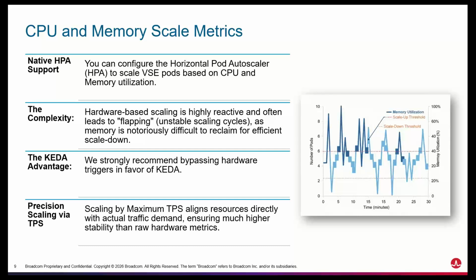Here, to tune the CPU and memory, it's not just one property like in KEDA. I need to be a bit more of a Kubernetes expert to know how to tune this memory and CPU in order to scale. But we do have these capabilities.